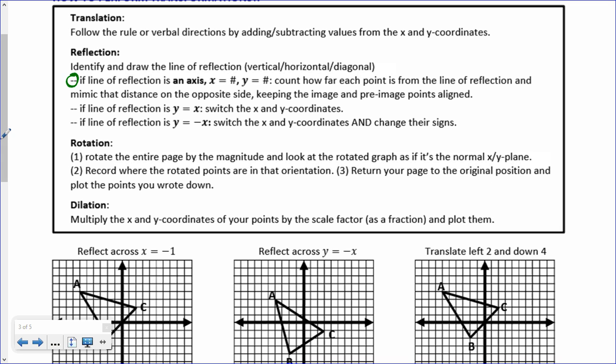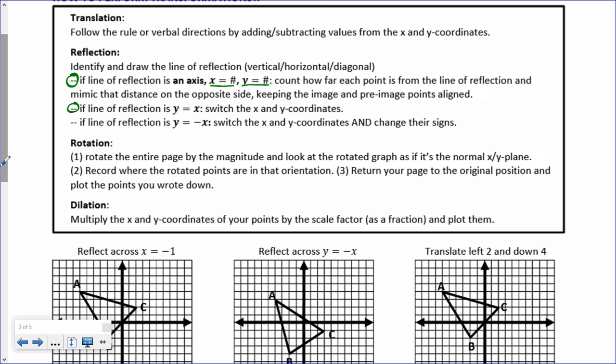Scenario number one, if your line of reflection is either an axis, so the y-axis or the x-axis, or it's a horizontal or vertical line, which will be represented by equations x equals or y equals, for those kinds of lines of reflection, all you have to do is count how far the points are from the mirror or line of reflection, and then mimic that on the other side by however far they were from the mirror. You want to keep them level with the original point, but go the opposite direction for that distance.